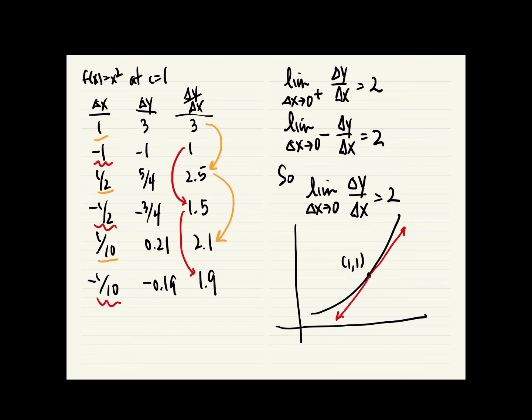We can draw this thing called a tangent line, and this tangent line turns out to have slope equal to 2. And this slope is called the instantaneous rate of change of the squaring function at x equals 1, so at that point. And this is the idea of derivative.